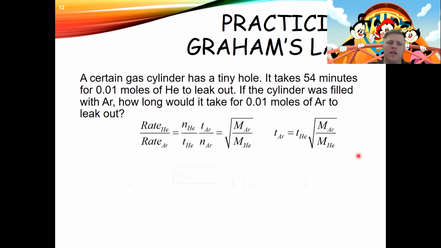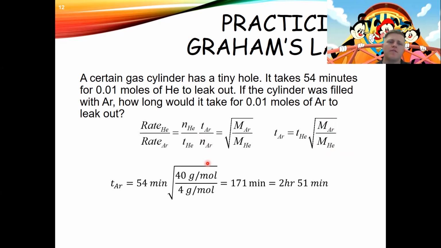If we then plug in numbers there, we said it took 54 minutes for the helium to leak out. The mass of argon is about 40 grams per mole, and the mass of helium is about 4 grams per mole. And so that is going to work out to be about 171 minutes, or 2 hours and 51 minutes, for the argon to totally leak out.